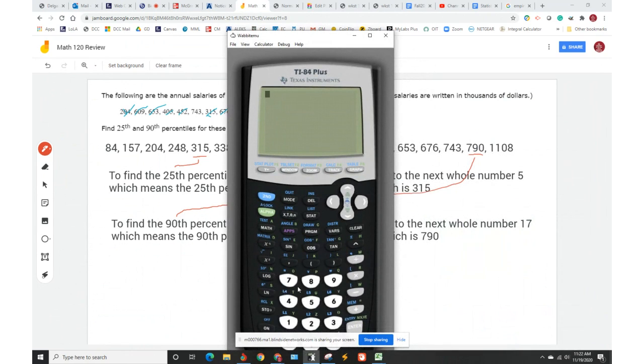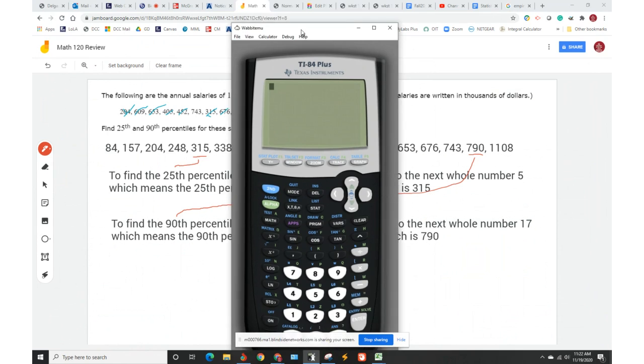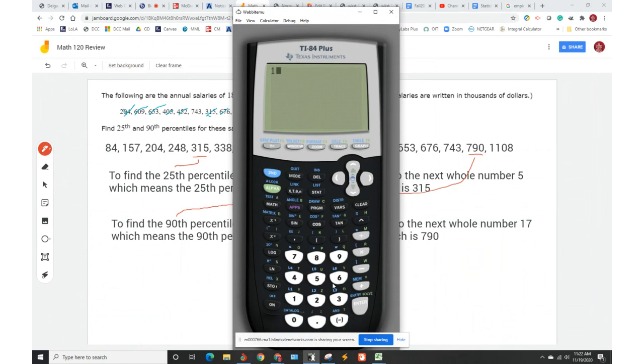Okay, watch what happens. 16 divided by 18. See, you're not at 90 there. You're at 80. Well, if you round it off, you'd be at 89.